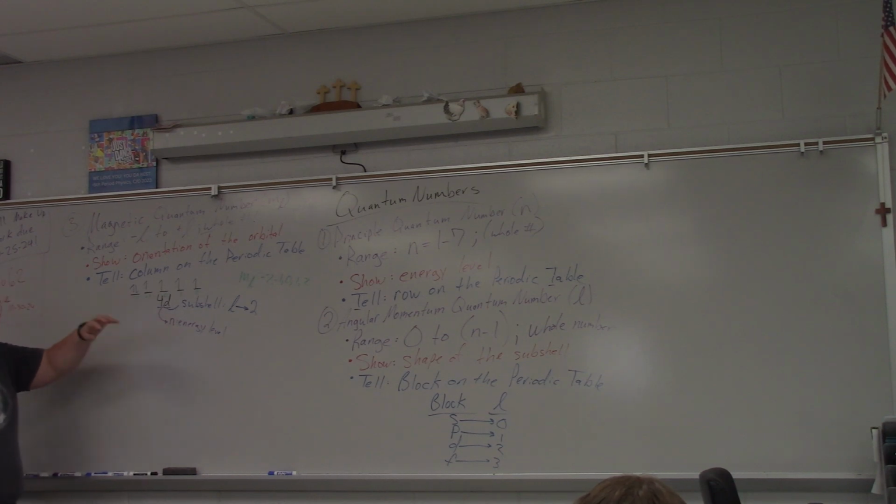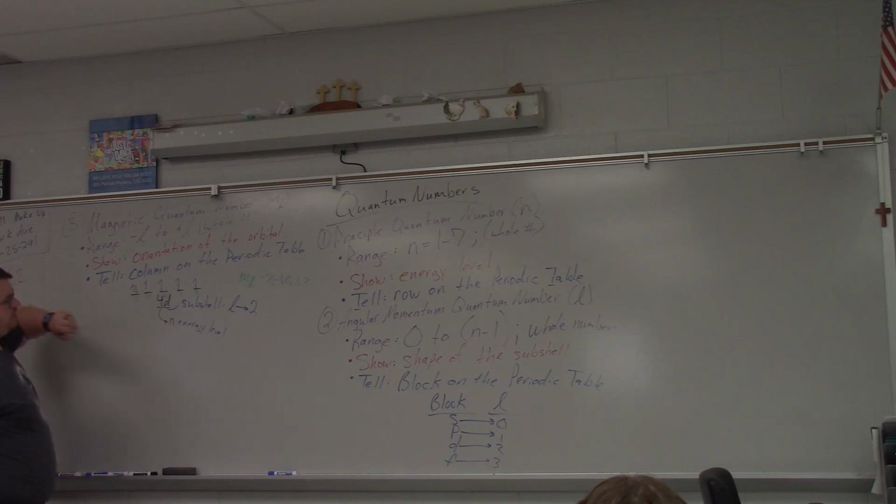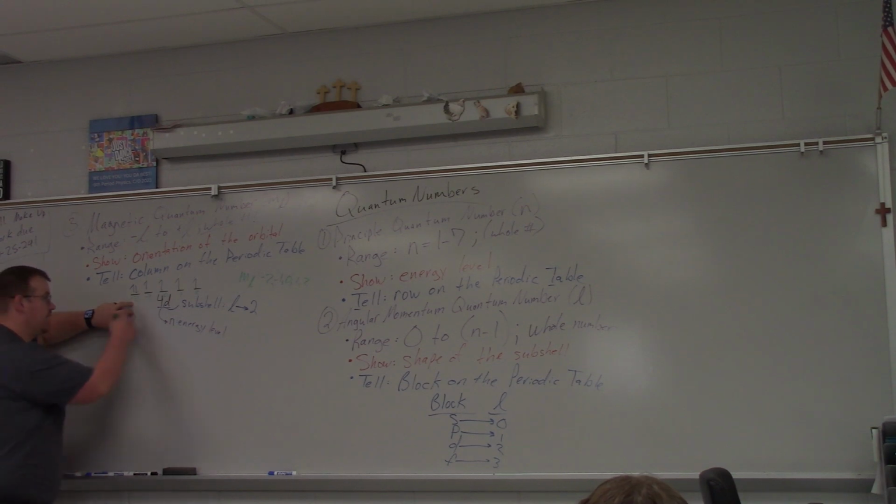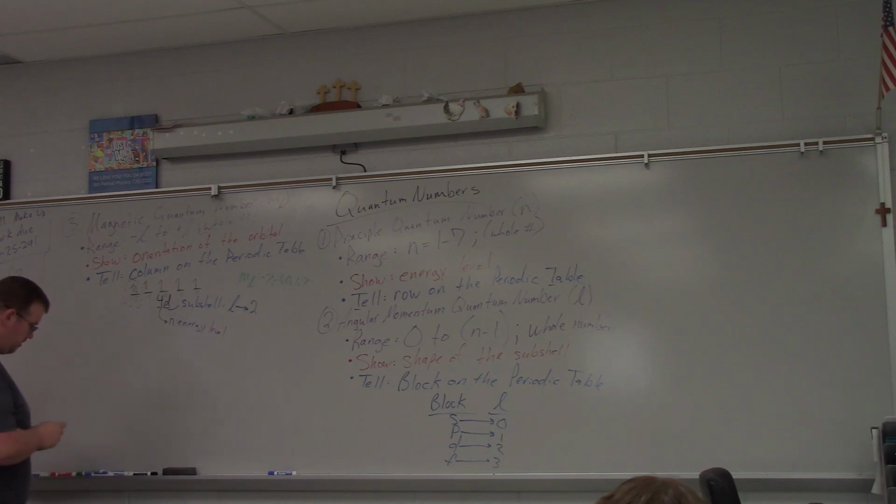The angular momentum quantum number can be 2, so I know I'm in the 4th energy level, in the D subshell. And the magnetic quantum number, I can tell you -2, which means we are in this orbital here, so I've narrowed it down that far. But there's one last thing we can do to narrow it down even farther.